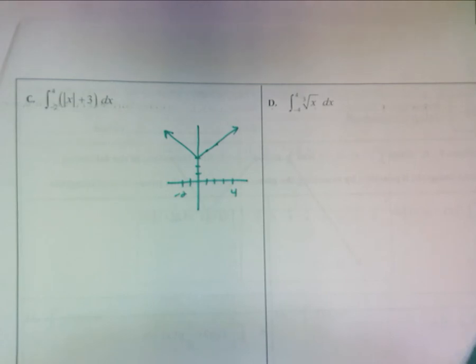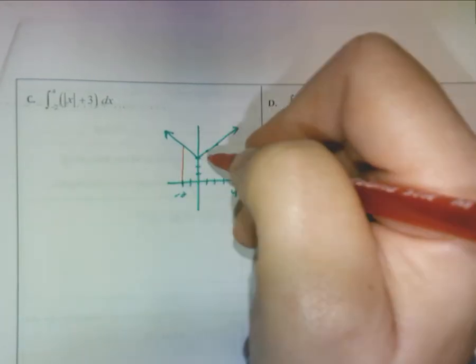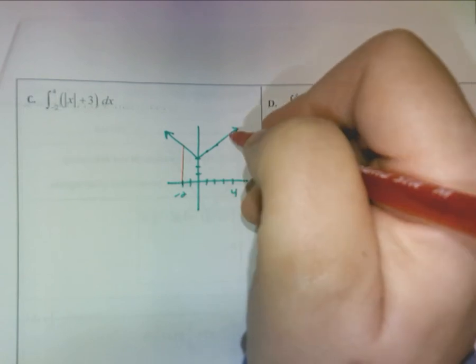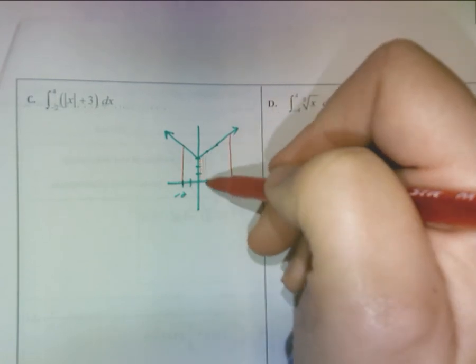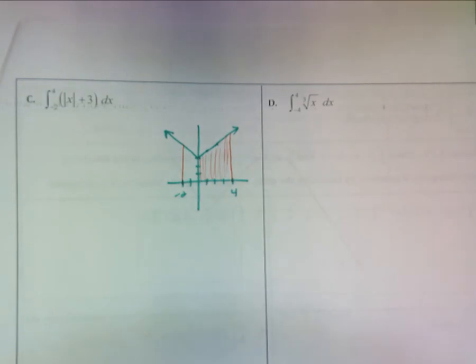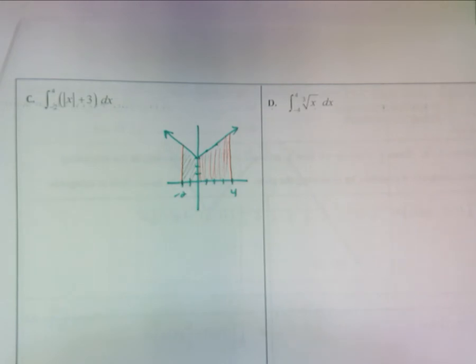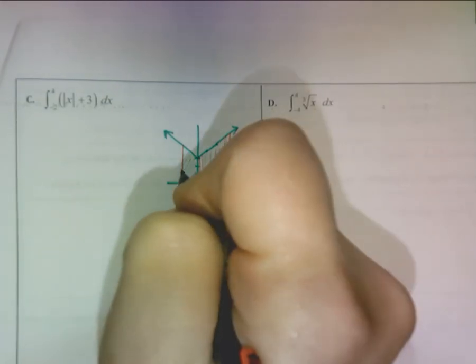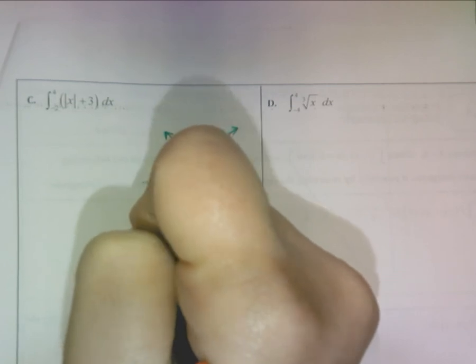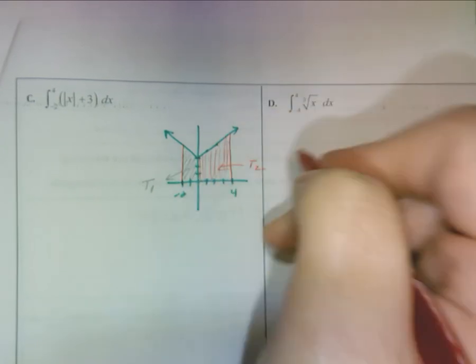So what am I concerned with here? I'm kind of concerned with this area up to this area. Well, to me, that looks like 2 trapezoids, right? This would be trapezoid 1, and then this would be trapezoid 2.